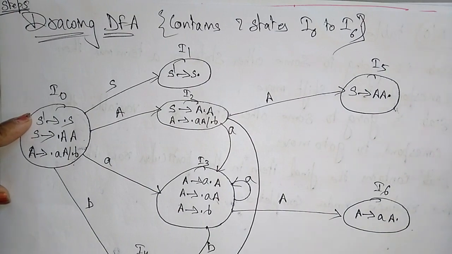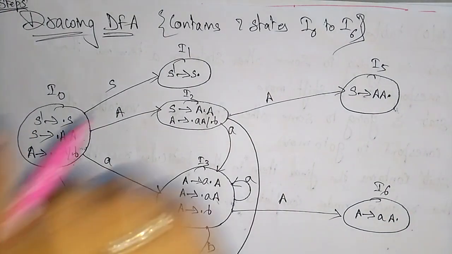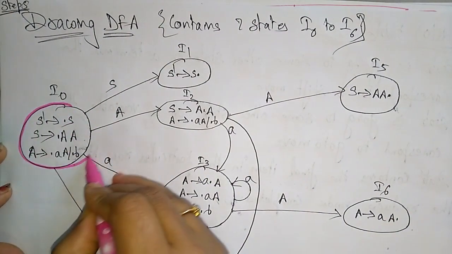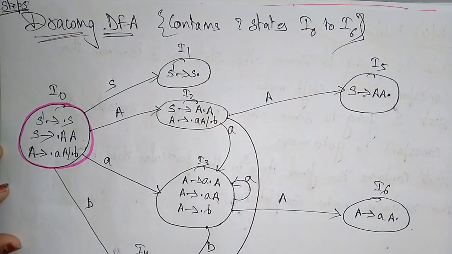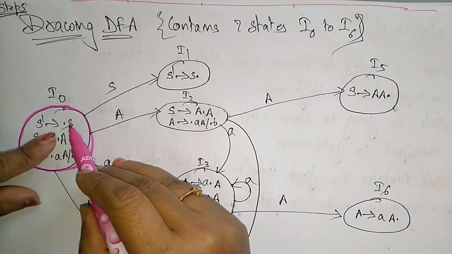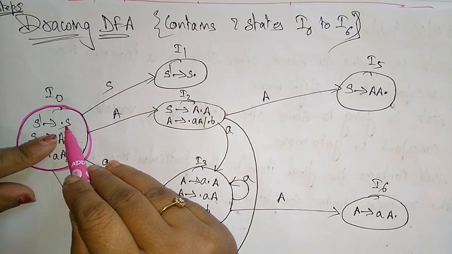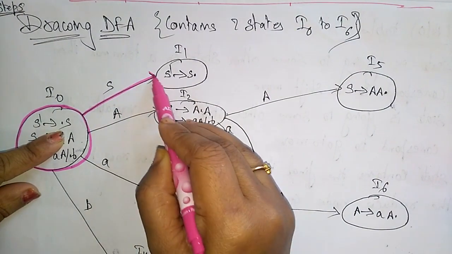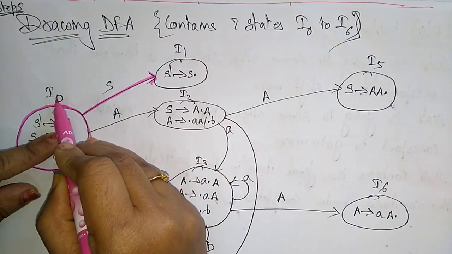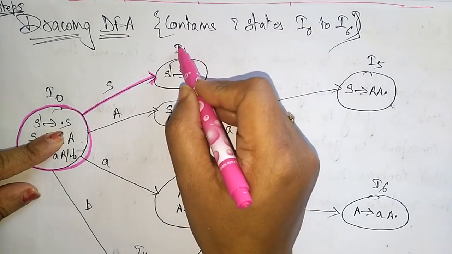Let me take the pen. This state we call I0. Now let's take the first one, S dash tends to dot S. On S, I am moving from state 0 to state 1, that is I1.